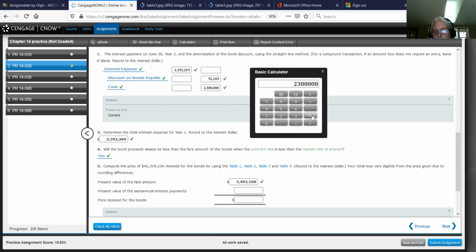We're going to multiply that by our table value factor, which was 16.04612, and that will give you the present value of our semi-annual interest payments.